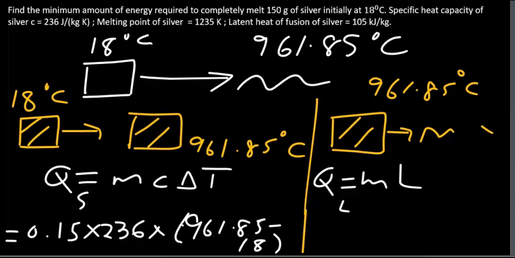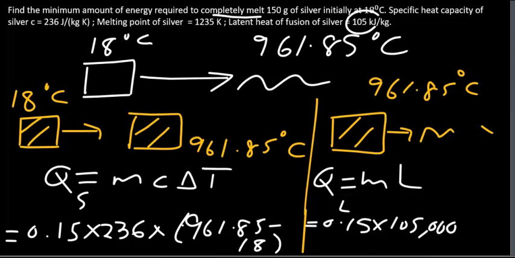Now the second contribution, the latent heat contribution, where there is a change in phase involved. The mass is again 0.15 kg. It's completely melting. The latent heat of fusion for silver is 105 kilojoules per kg. So that means it's 105.